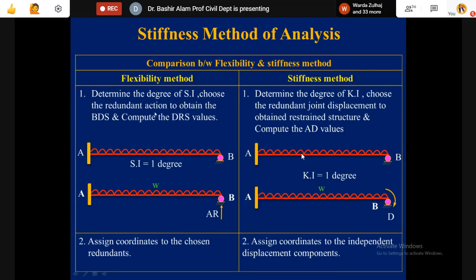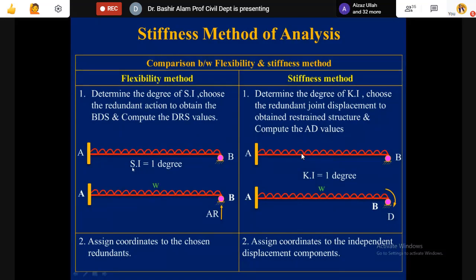Choose the redundant actions here in the flexibility method. Here, choose the redundant joint displacements. Now, to obtain the basic determinate statical structure, here the basic kinematic structure, and compute the DRS values here, and here we find out the AD values. AD values are calculated in step number 1.